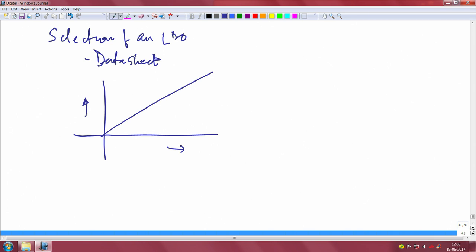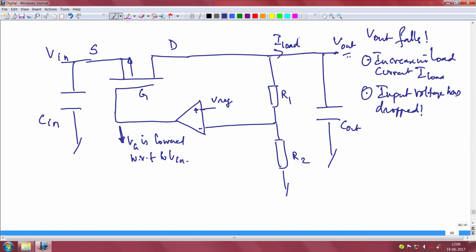I will draw a very simple intuitive result, and let us see how to build the story from here. Typically this is the I load. Let us say for some reason you have chosen I load as 0.8 amps, which is here. This is the point.